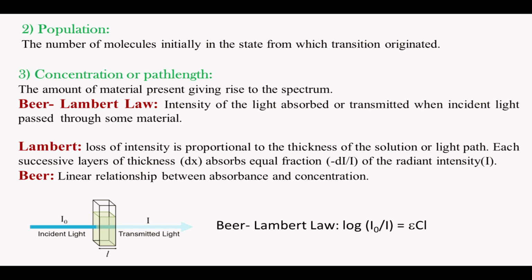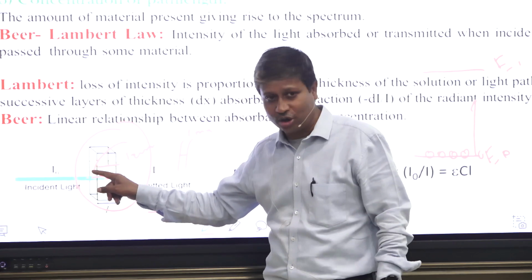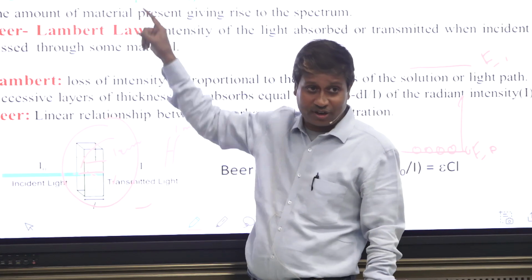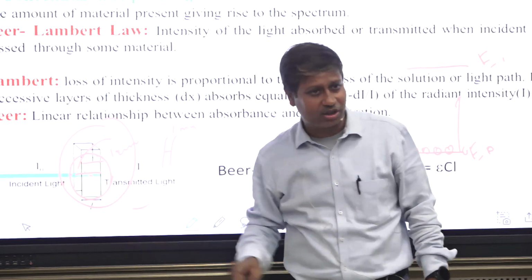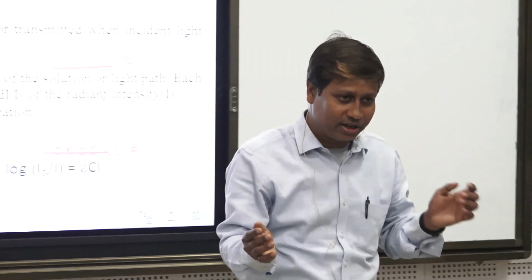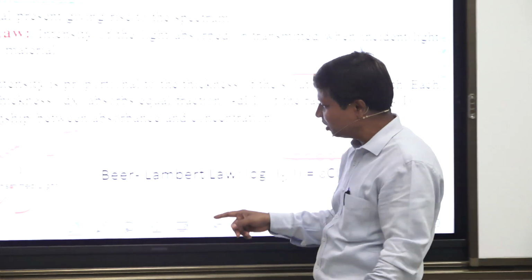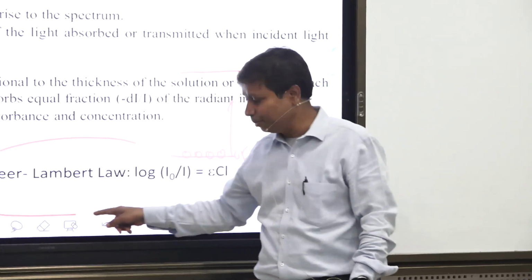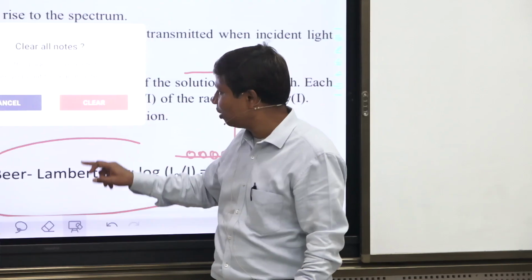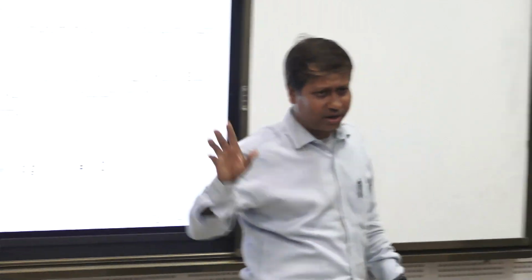Similarly, if you increase the concentration of the solution, intensity increases. This path length and concentration, these two together, are known as Lambert-Beer's law. This Lambert-Beer's law is a very simple law developed 200 years ago, but still we are using it.